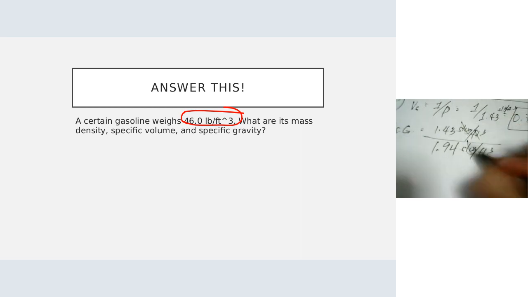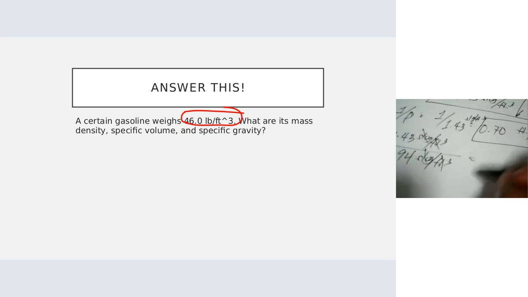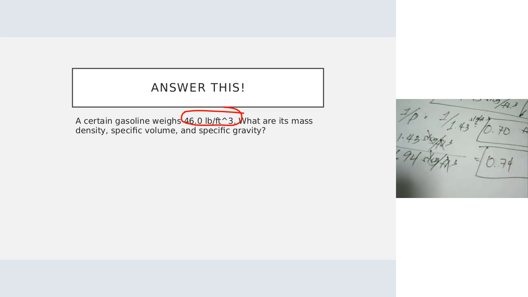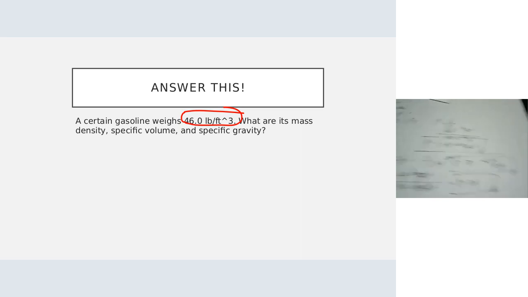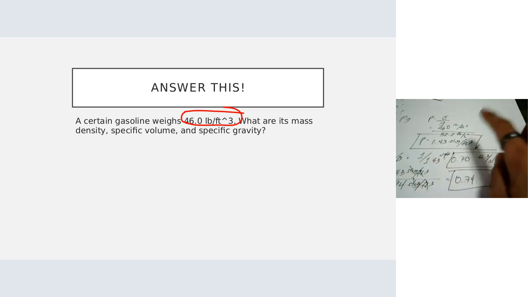So cancel yung unit. This will become 1.43 over 1.94, 0.74. Okay? We have no unit. Ito po yung answers natin. And kailangan complete yung solution tsaka tama yung units.